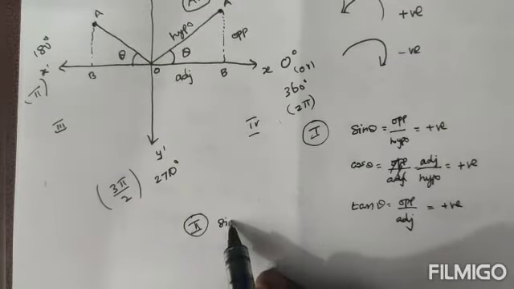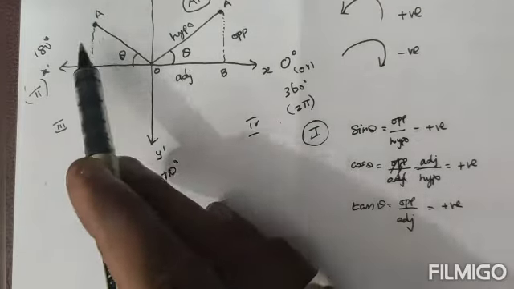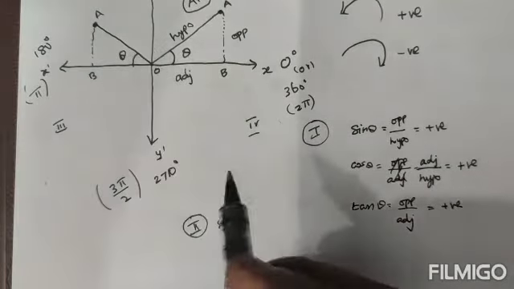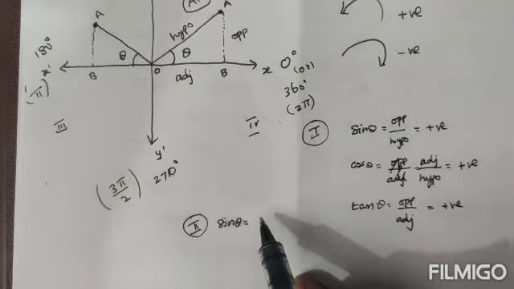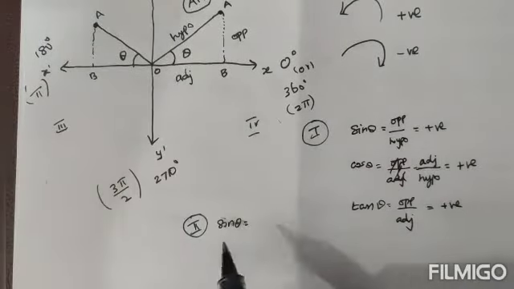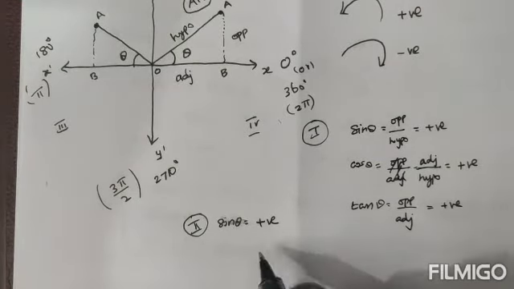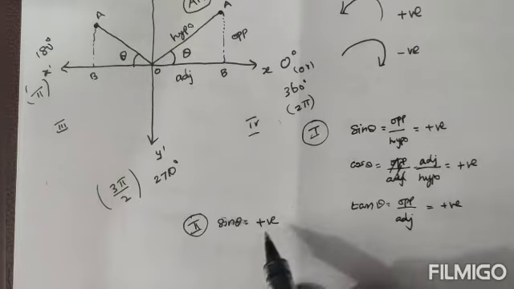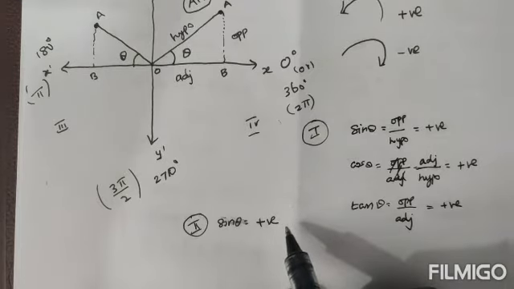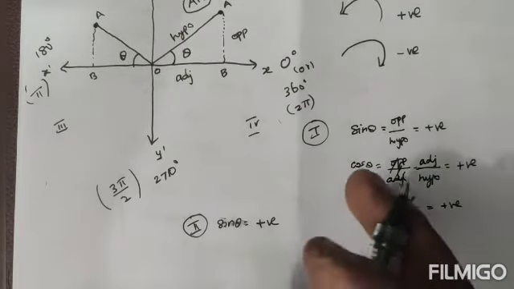Sin theta, you know, sin theta, that is opposite divided by hypotenuse. So opposite is what? That is positive y-axis only. So this value should be positive. So sin theta positive means its reciprocal value, that is cosecant theta, also positive. Okay, confirm.